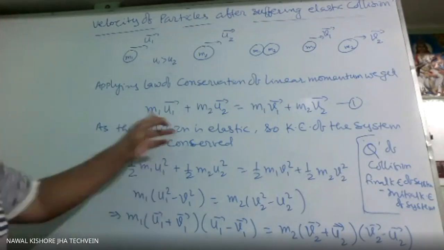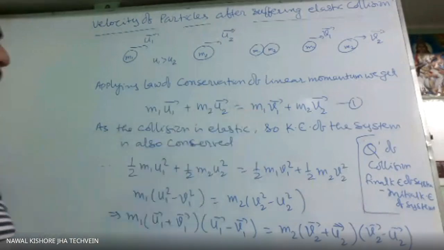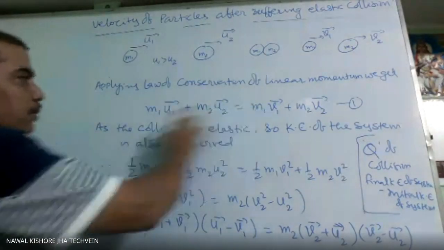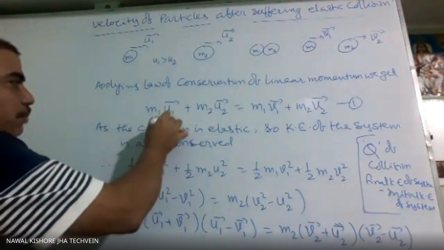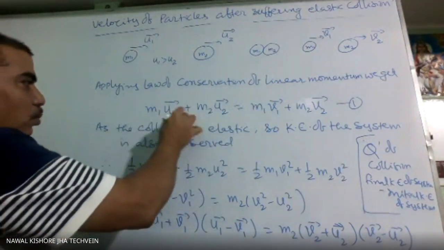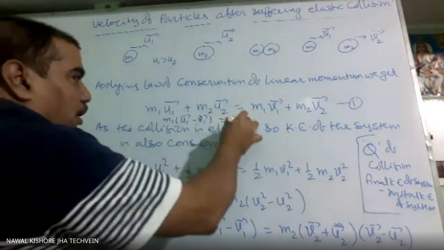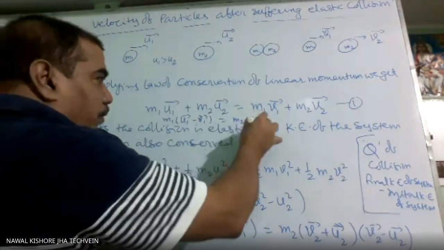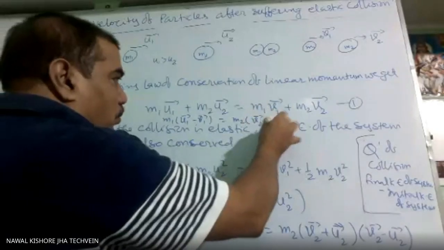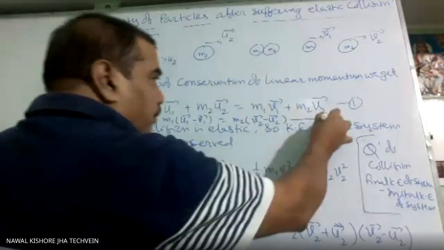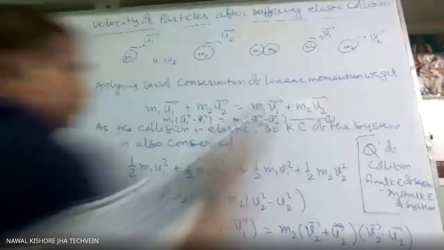So it will be better if we modify this one a little. If we take M1 common, what will come? U1 minus V1 equals M2 V2 minus U2. This will be our equation number 1.